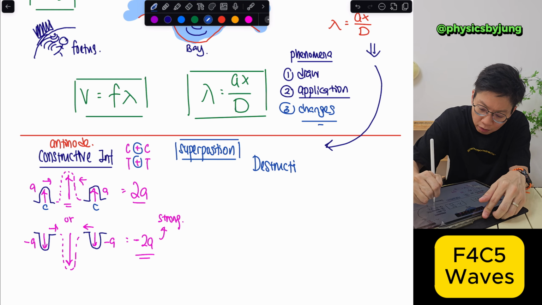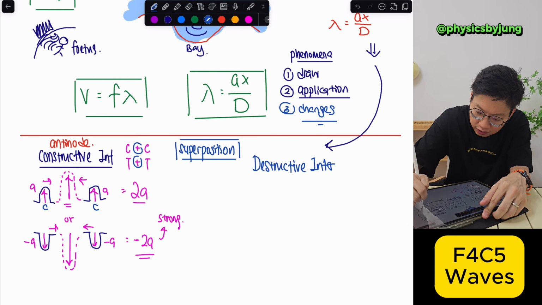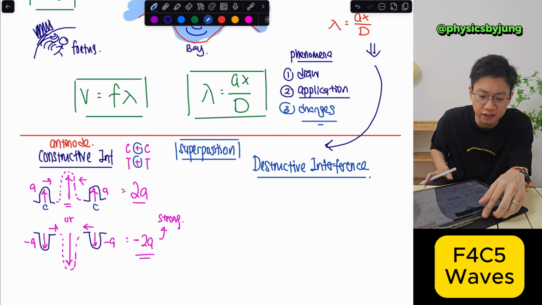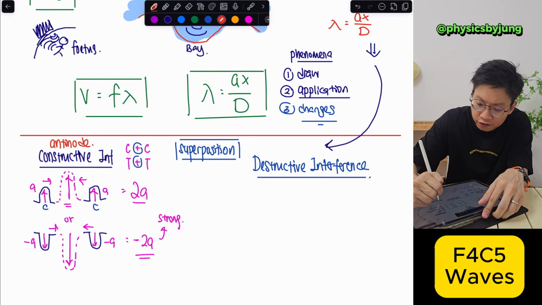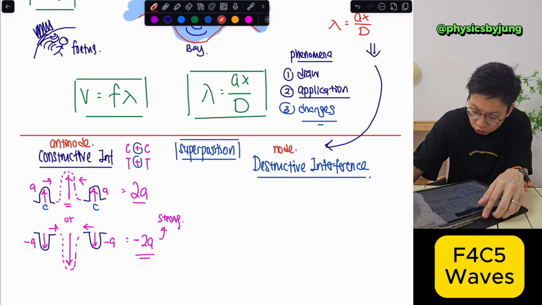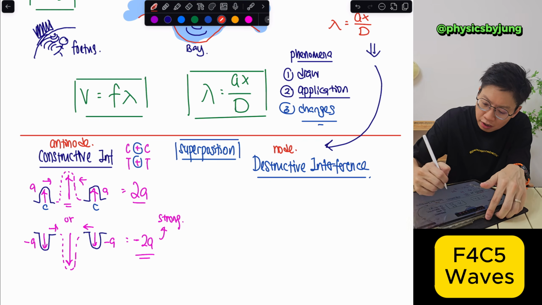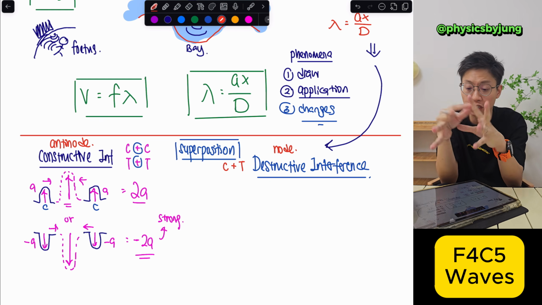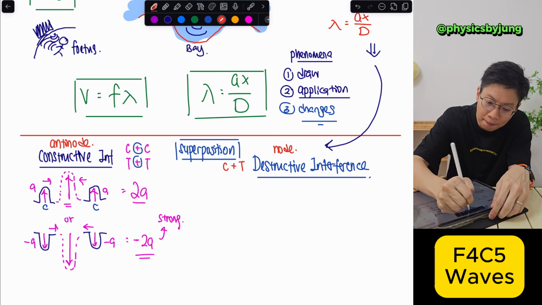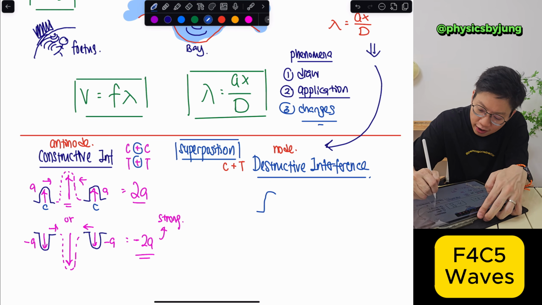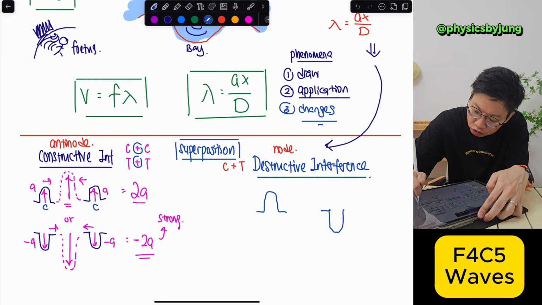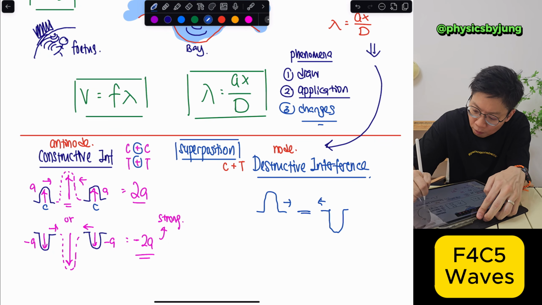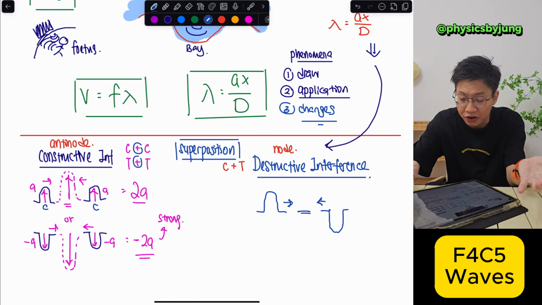What about the other type of wave? We have another type known as destructive interference. So what is destructive interference? Destructive interference is known as a node. It is the remaining one whereby your crest undergoes superposition with your trough. You have a wave crest and a wave trough, and these two will collide and boom, you get a smaller wave.